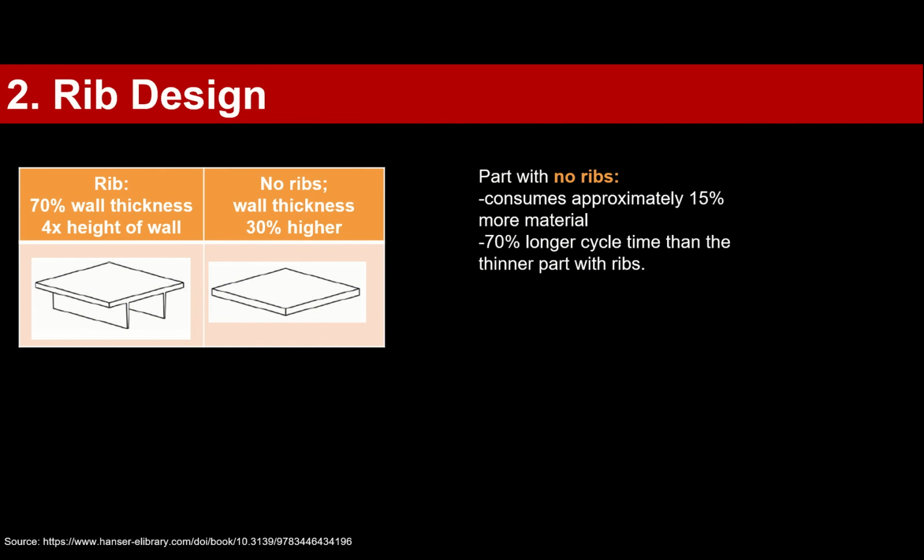So it's always better to have a thinner base plate and get the stiffness over ribs to have better manufacturability, moldability, cycle times, and also material consumption.